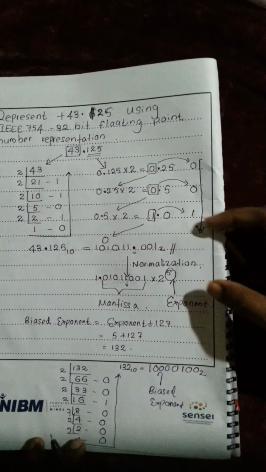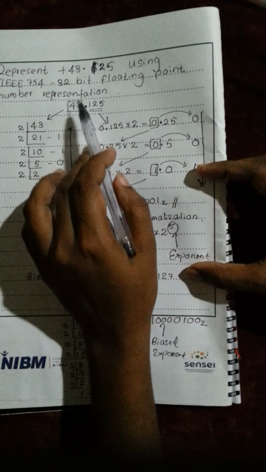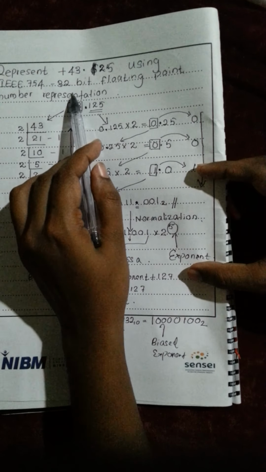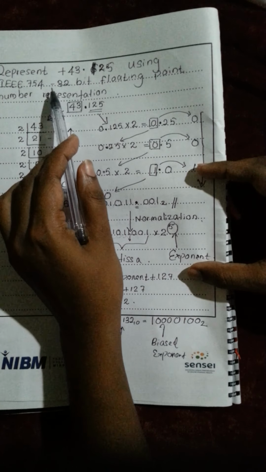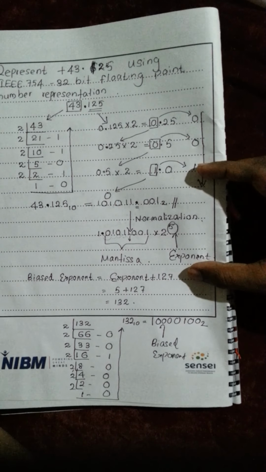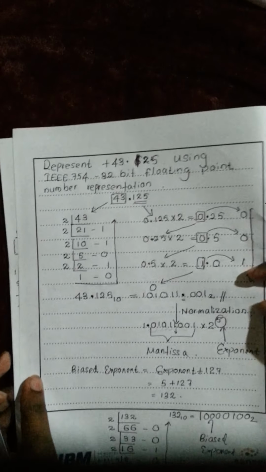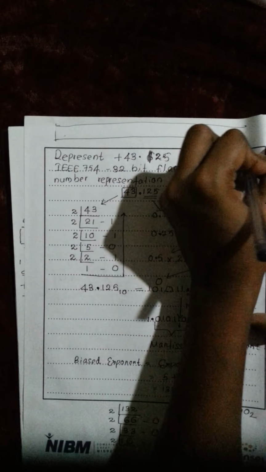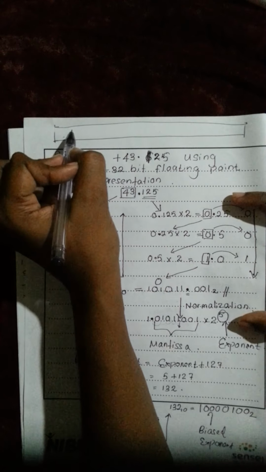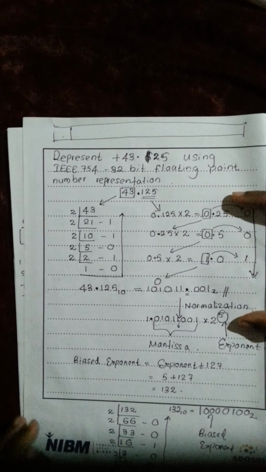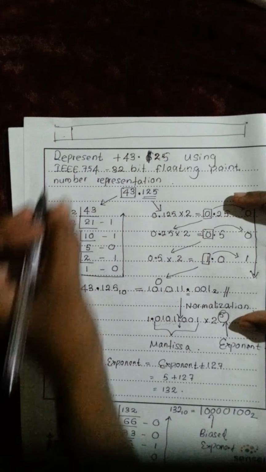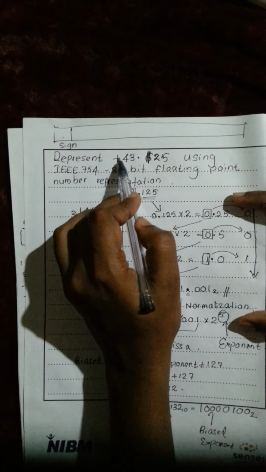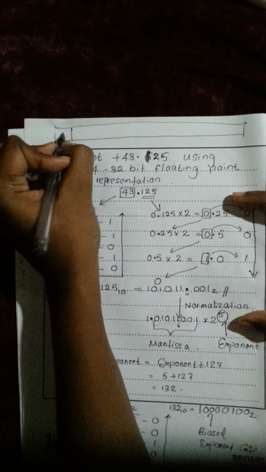Now let's see how to represent the plus 33.125 using the IEEE 754 32-bit representation. I'm using 32 bits to represent your number. As I explained earlier, the very first bit is the sign bit. As this number is positive, I'm storing 0 here.